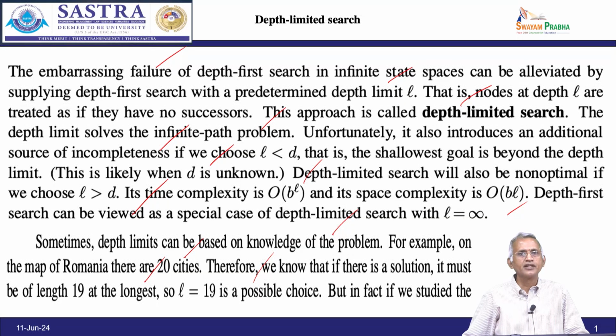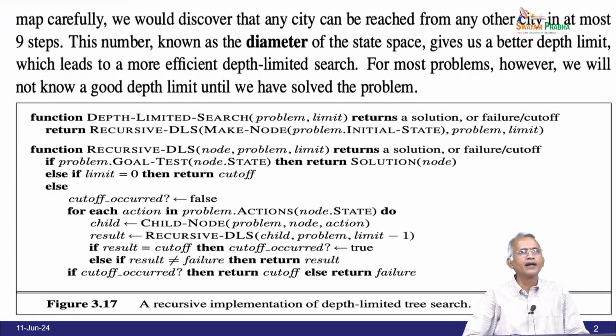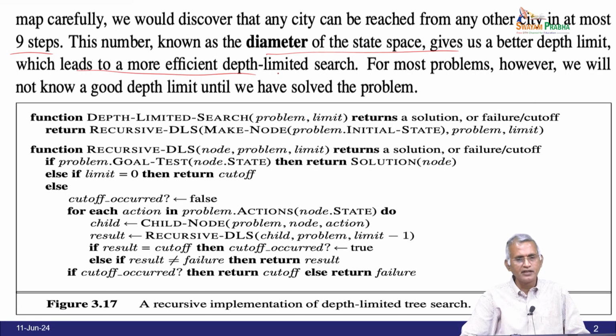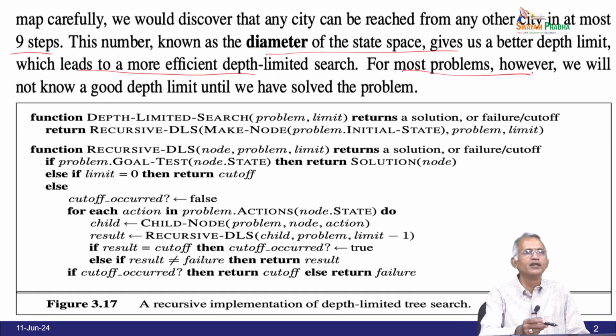But in fact, if we studied the map carefully, we would discover that any city can be reached from any other city in at most 9 steps. This number, known as the diameter of the state space, gives us a better depth limit, which leads to a more efficient depth limited search. For most problems, however, we will not know a good depth limit until we have solved the problem.